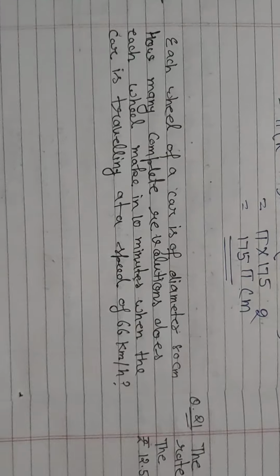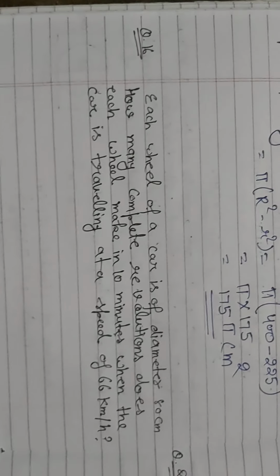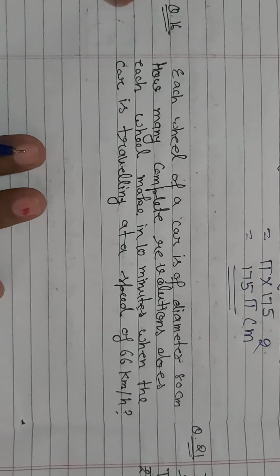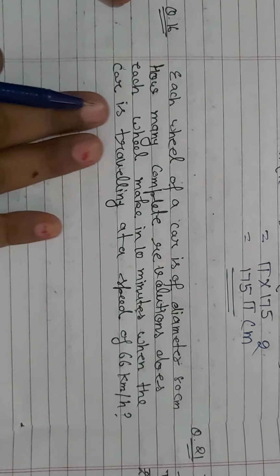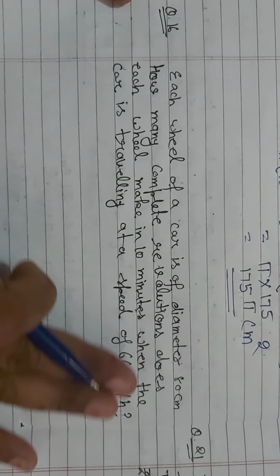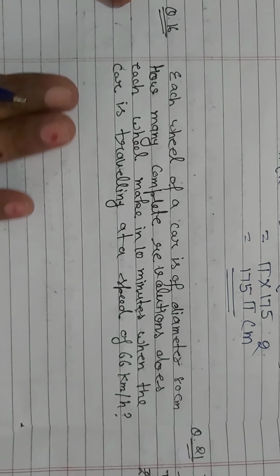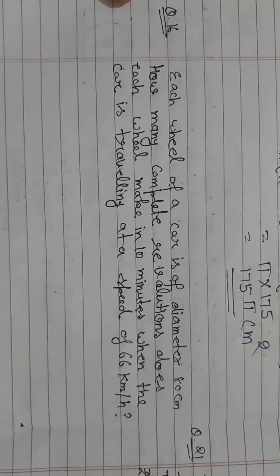Next is question number 16. Each wheel of a car is of a diameter 80 centimeter. How many complete revolutions does each wheel make in 10 minutes when the car is traveling at a speed of 66 km per hour?